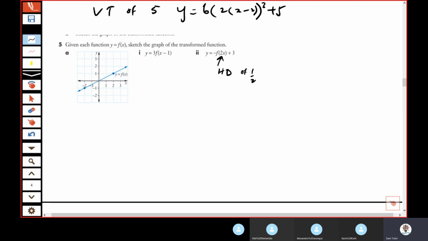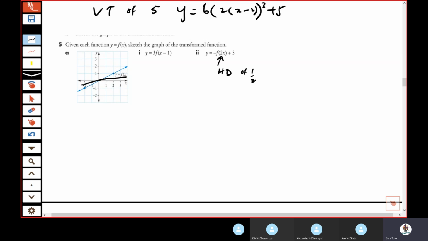It's not going to be obvious. You're squeezing it, right? So horizontal dilation of half. So we're going to squeeze this. The intercepts don't change. It's not going to be shifted anywhere. The squeezing will look like that.